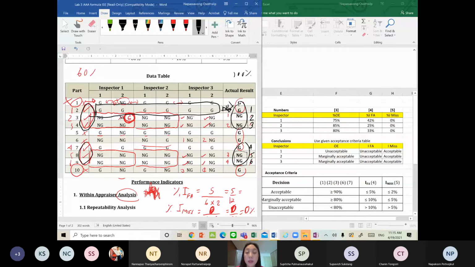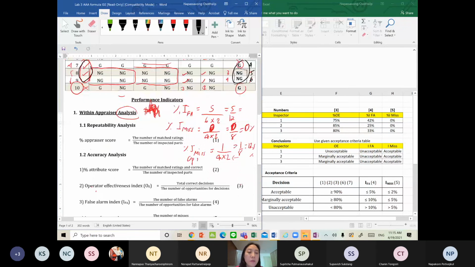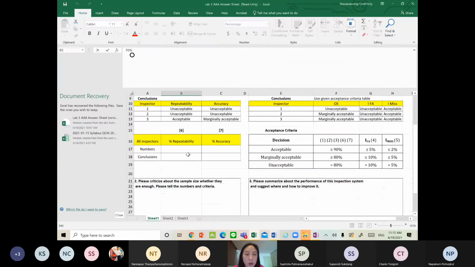In this case, percent accuracy is 100%. And then you can fill it. Percent repeatability is 60%, accuracy is 100. So the conclusion is that it's acceptable here, and unacceptable in terms of repeatability.